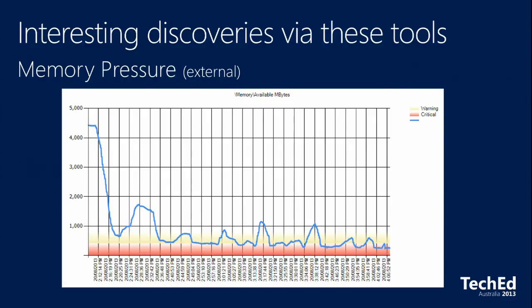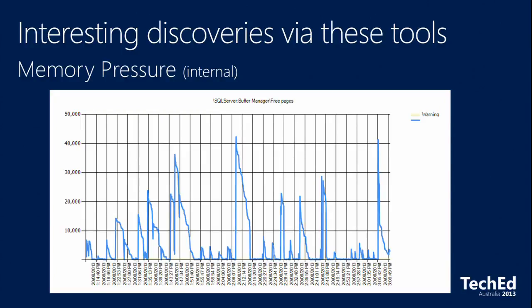It didn't have its maximum memory limit set, and so you had two SQL instances fighting back and forth for memory. But quite quickly, scrolling through the PAL report, I got to this one, quickly went, okay, there's a memory issue, and then dug further into it.